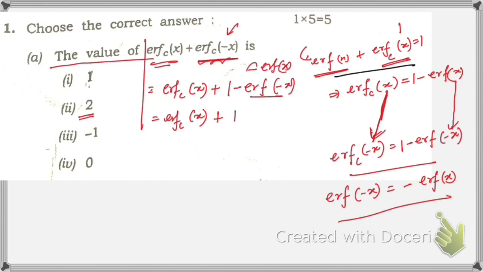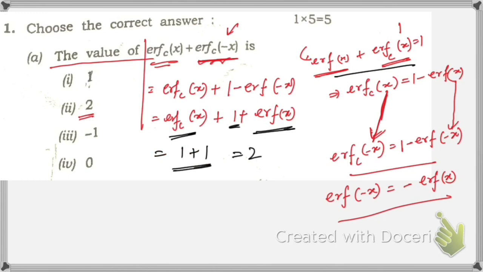And this minus is going to be plus error function of x. Now again you see error function of x plus complementary error function of x is equal to 1. Then 1 plus 1 is going to be 2. That's how we have got the answer.